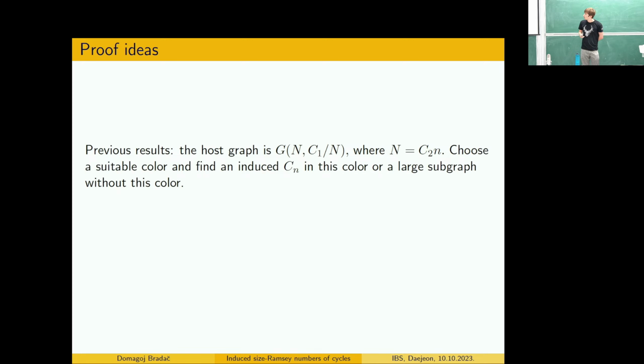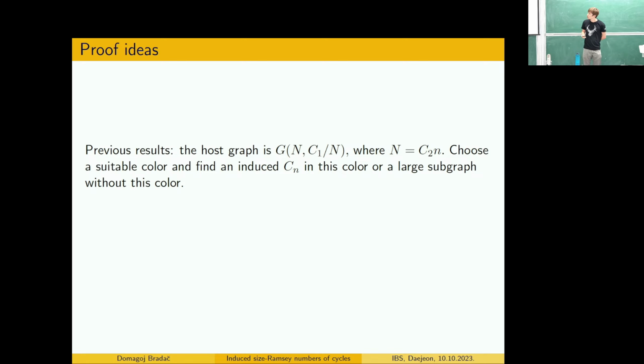And then you take this random graph, you get a coloring of its edges, then you have some way of choosing a suitable color. Now, in different approaches, this suitable means different things. For Haxell, Kohayakawa, and Łuczak, they want to find a triangle in the sparse partition. A weaker suitable condition would be you take the majority color.